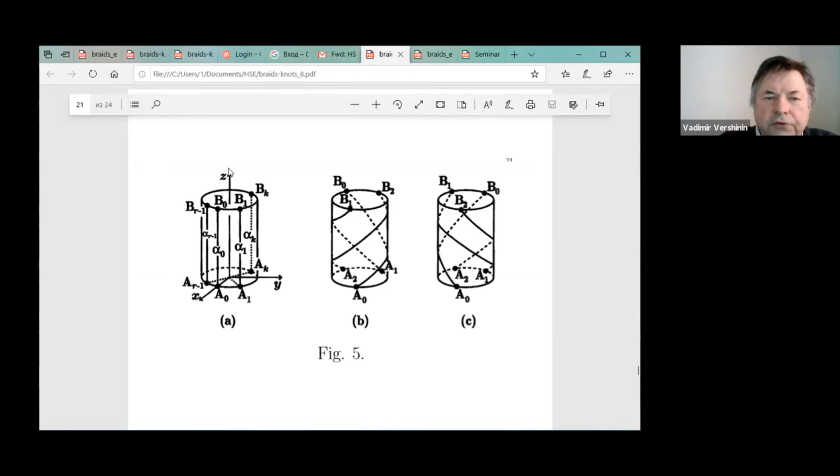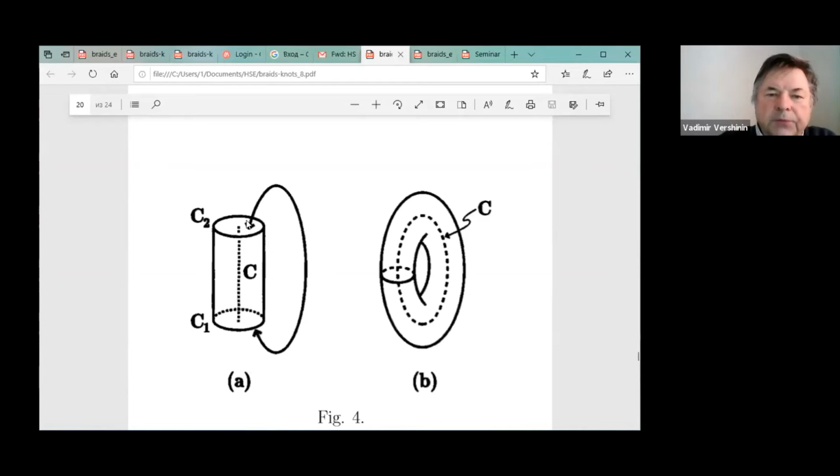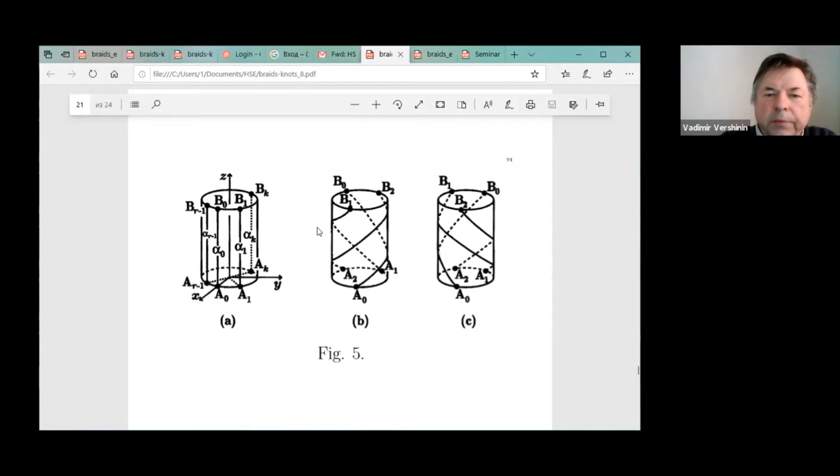And then you rotate by 2πq over r, and then glue the same way as before. And this is how we make this rotation.